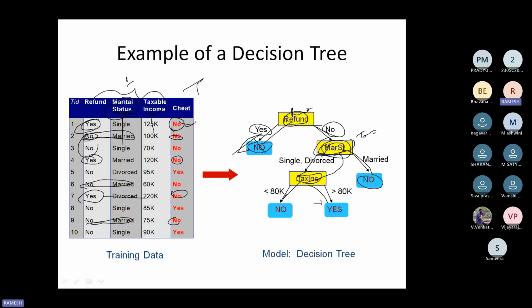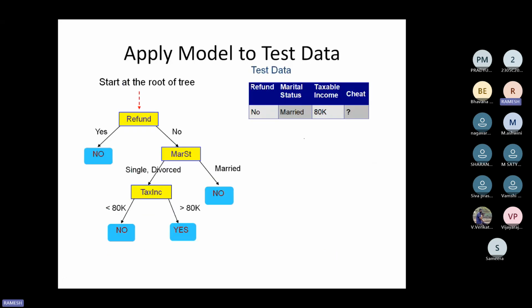So we calculate these purity levels, these probability levels, for all the columns with respect to the target variable. The feature with the highest purity level will be selected as the root node for the given data set.